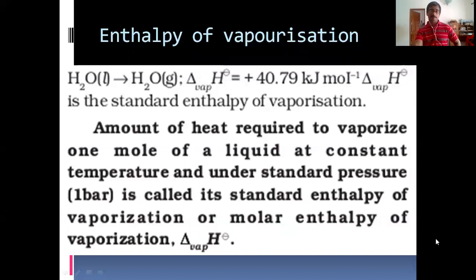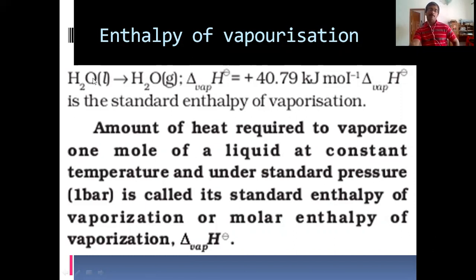What is enthalpy of vaporization? This is the enthalpy change accompanied by complete conversion of 1 mole of a liquid substance into its vapor state. So H2O in the liquid state is converted to H2O in the gaseous state, and the heat energy required for this conversion, that is enthalpy of vaporization, delta H vaporization, is equal to plus 40.79 kilojoule per mole.